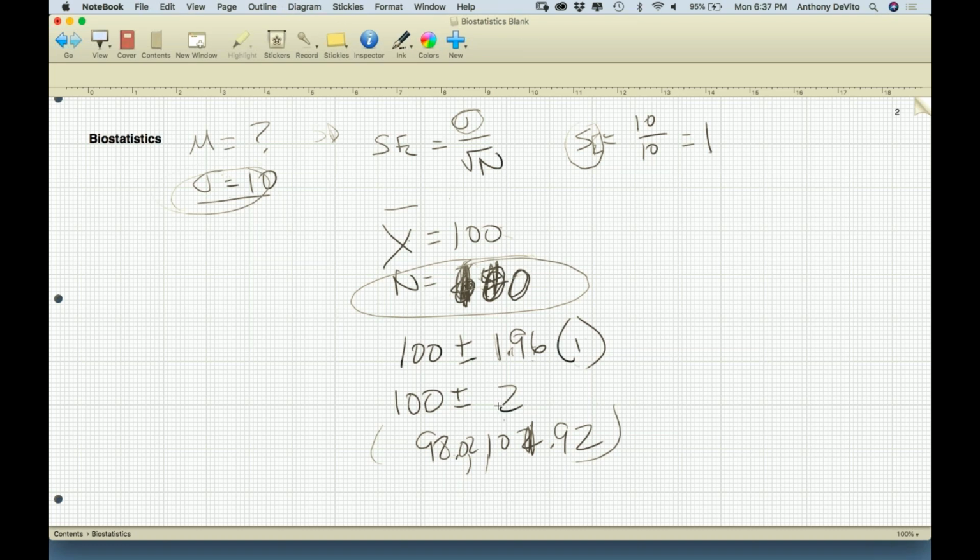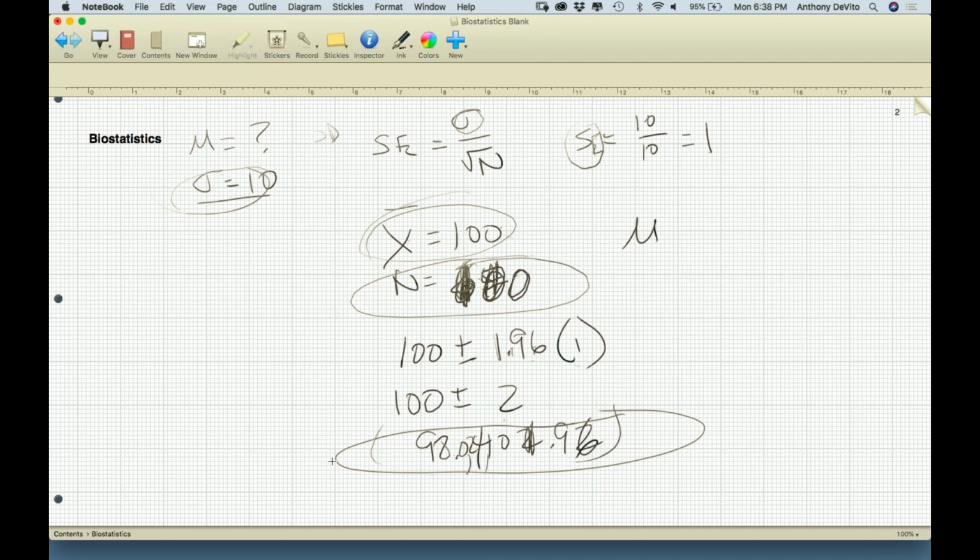I'm going to be adding and subtracting 1.96 from each side here. 101.9. Oh, you're right, and it's 98.04. Yes. Okay. So that's our 95% confidence interval for the true mean for the population that the sample is derived from.